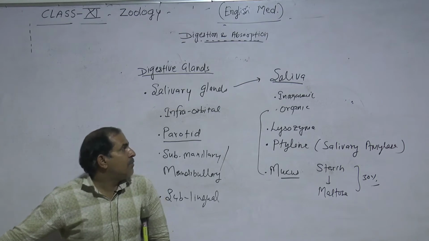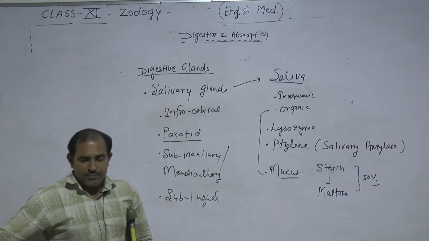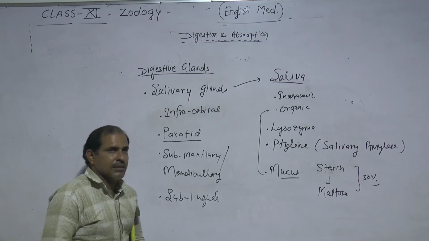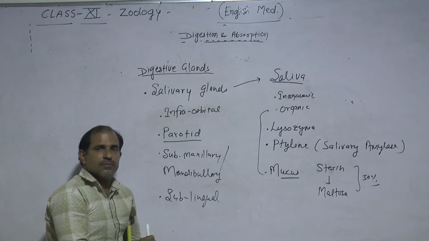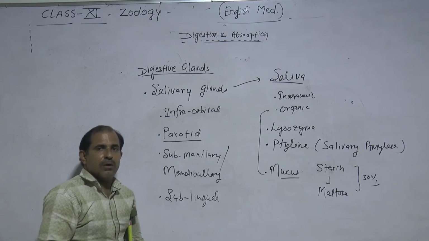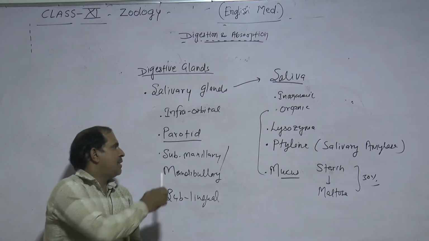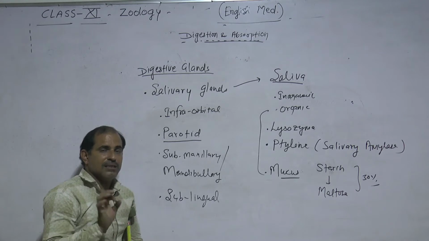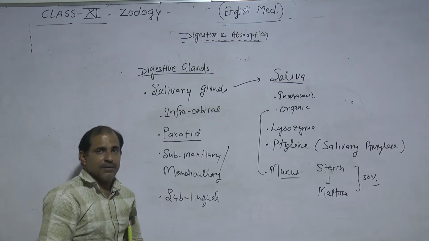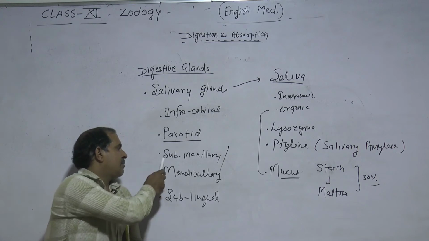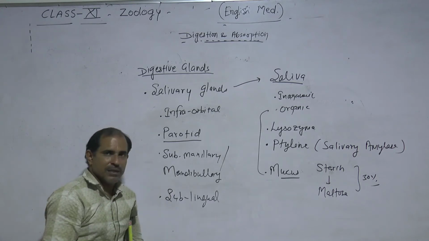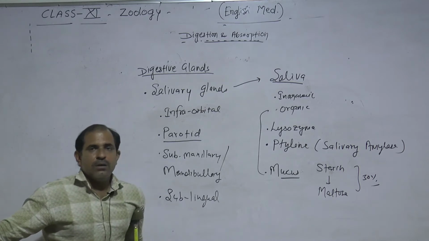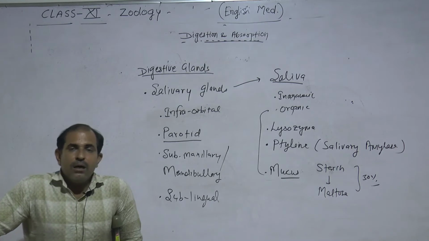So we have talked about salivary glands. In the animal kingdom 4 types of salivary glands are present, in which infraorbital glands are present under the eye orbit, and these are absent in humans, whereas parotid glands are present under the ears, and these are the largest salivary glands. The third one is submaxillary or submandibulary glands, present in the jaws, and sublingual glands, present at the junction of upper and lower jaws and under the tongue.